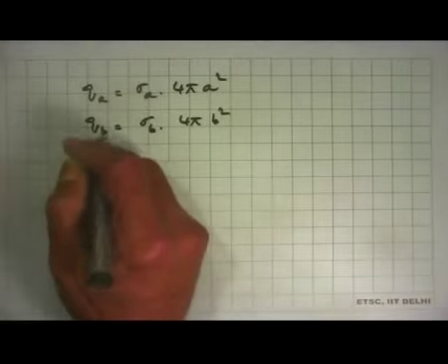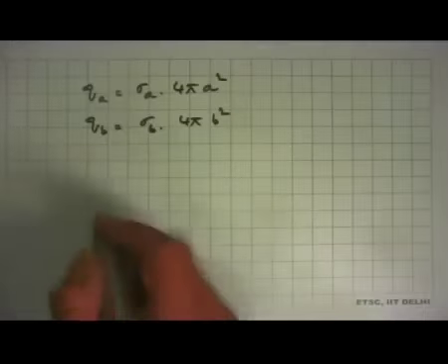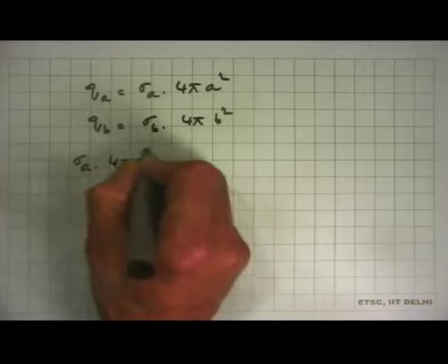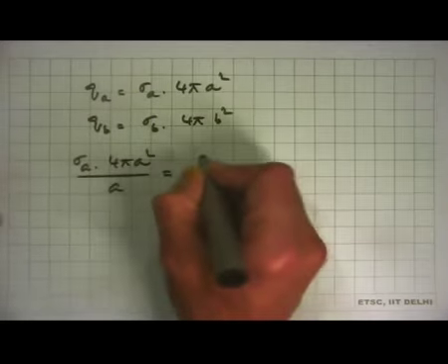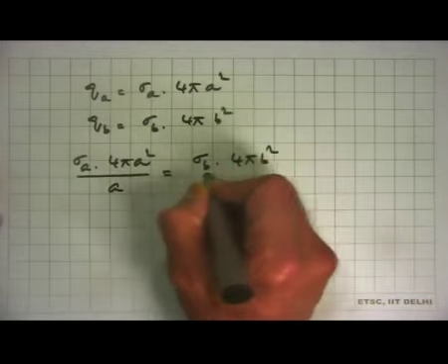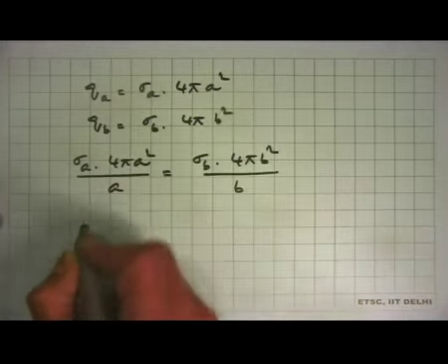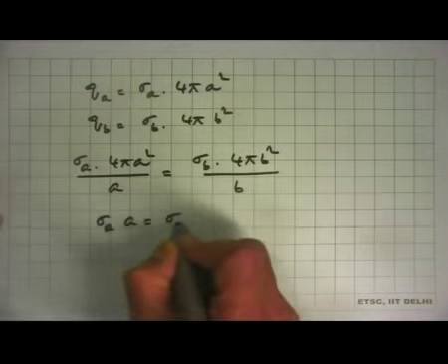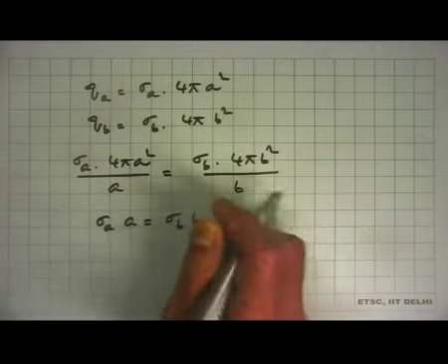So, I had this relationship q_A by A is equal to q_B by B, which means that sigma_A times 4 pi A squared by A is equal to sigma_B times 4 pi B squared by B. So, I get sigma_A times A is equal to sigma_B times B.